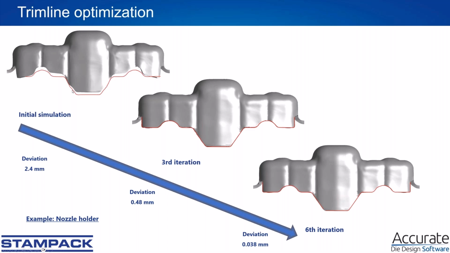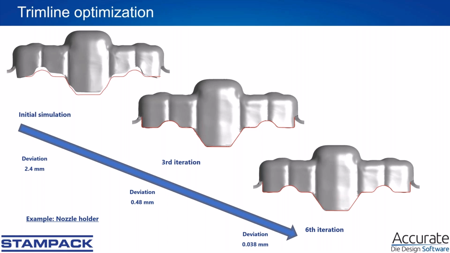In 3 iterations, we came from 2.4 in the beginning to about 0.5 millimeter away from the target line. And after 6 iterations, I was really pleased to see that we came close to 0.04 millimeters, which is extremely accurate.